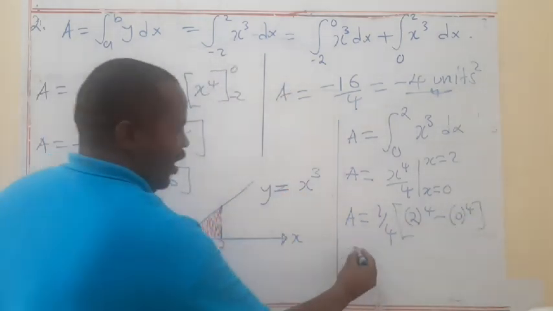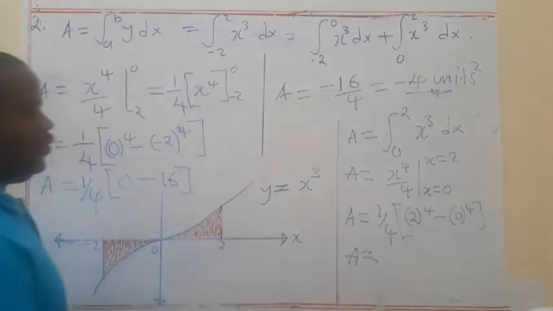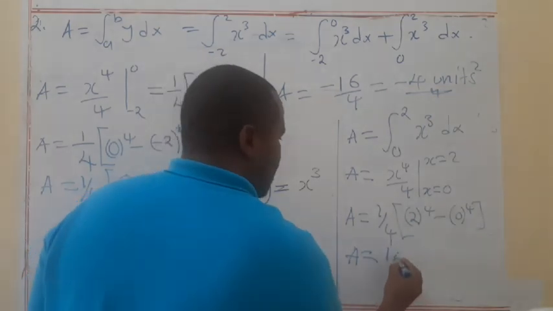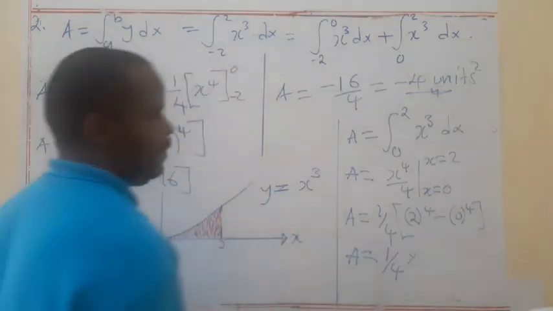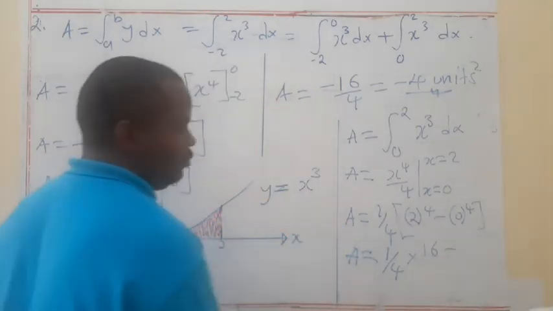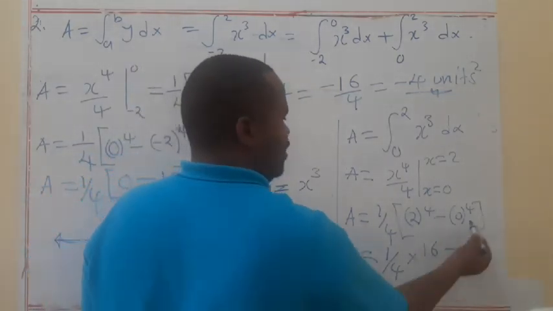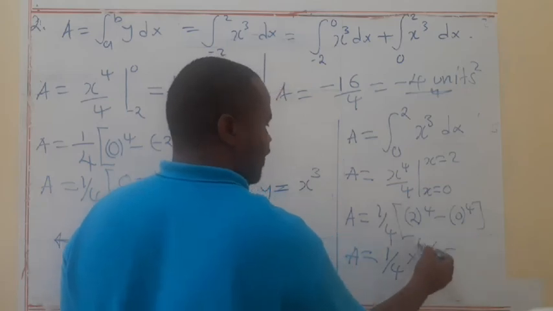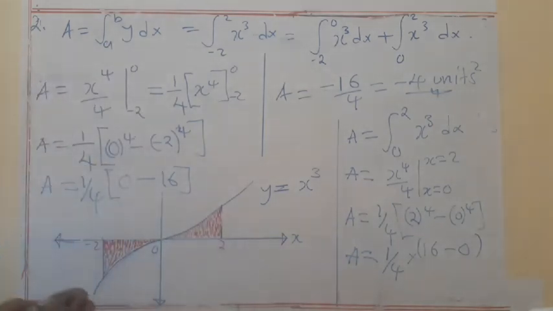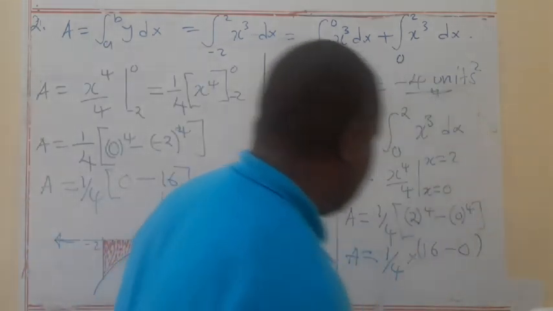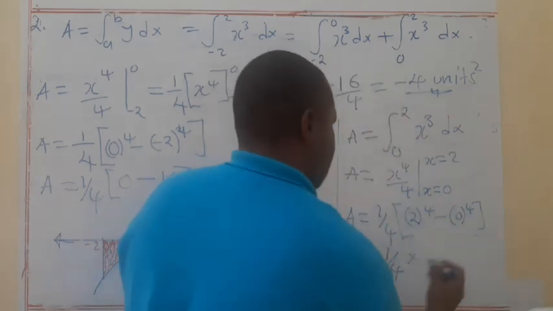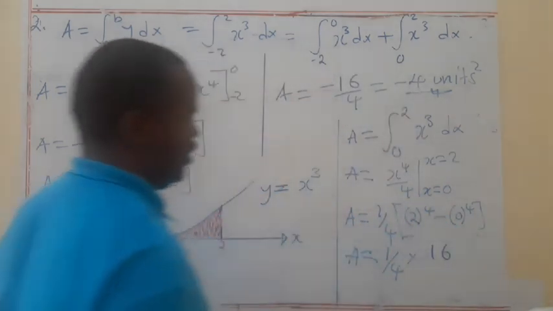Okay. So our area is equal to 1 over 4 multiplied by 2 to the power 4, which is 16, minus 0. But now 16 minus 0 is 16. So we can just deal with the 16 here. Alright?